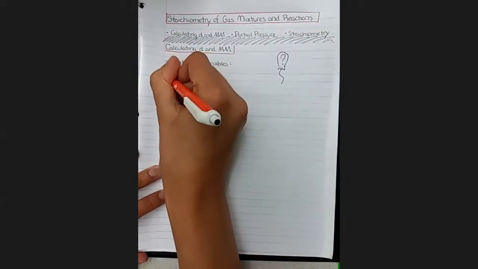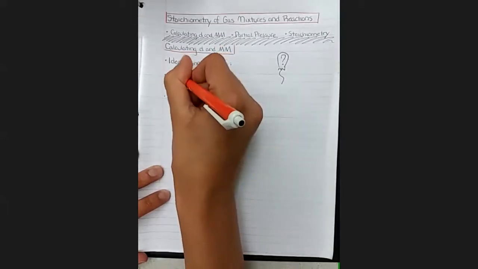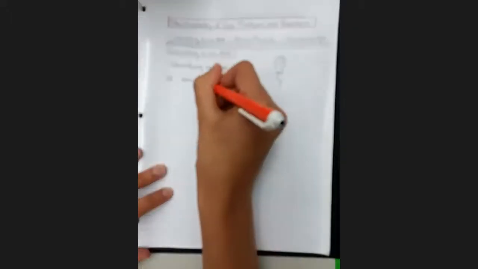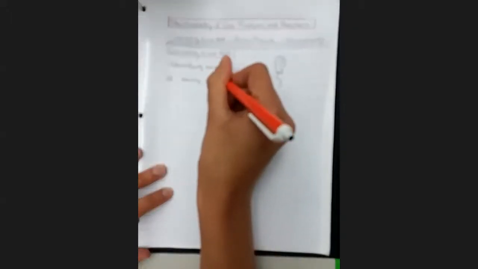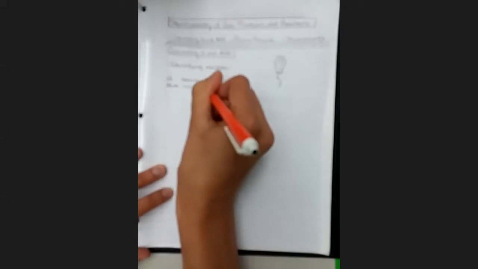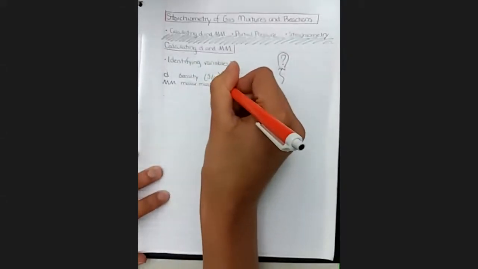So the two variables we're going to practice with are density, which we all remember from intro chemistry is measured in grams per liter, mass over volume, and the other one is the molar mass. That's measured in grams per mole.